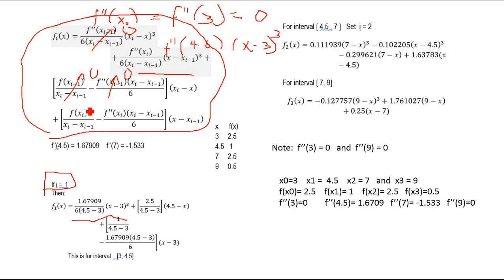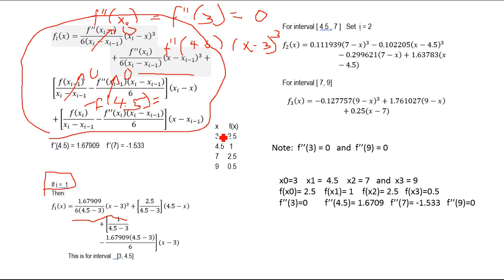And then, itong dalawa na to, this will be f of x sub 1, which is f of 4.5. At ano yung f of 4.5? I'm sorry, f of 4.5 pala to.